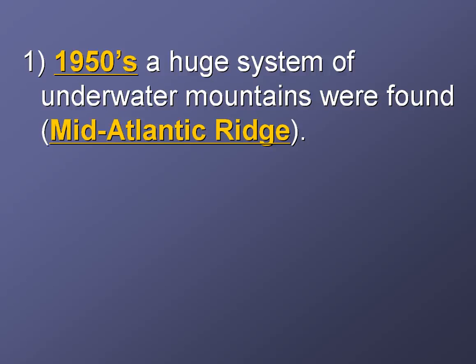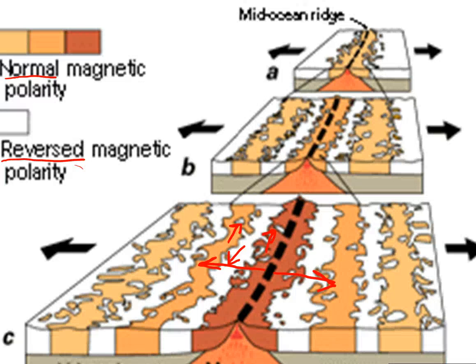What they found was a huge underwater mountain system, and they call this the Mid-Atlantic Ridge. This ridge runs right down the middle of the Atlantic Ocean, which is why they call it the Mid-Atlantic Ridge. And this helped line everything up. If we backtrack, this ridge would have been right here. So everything seemed to point towards this ridge, and something was happening here.